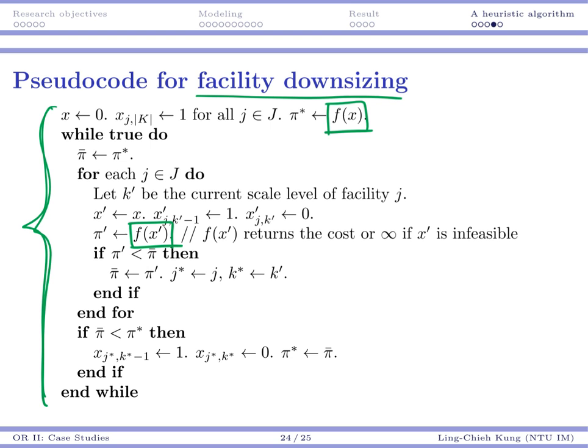The only thing remains is that, first you may want to implement this. You may want to design or write down a pseudocode for your f, or for the evaluation process by yourself. And then the only thing that remains is that we need to evaluate how good the heuristic is. So let's do it in the next video.